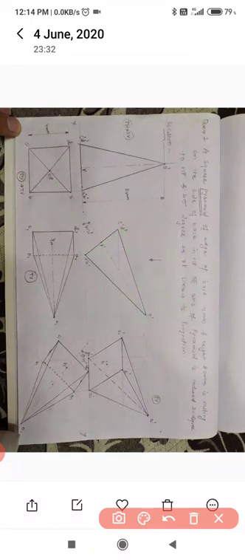But the problem is, these come at the outside, in the surrounding or the outer surface of the figure. That's why you have to draw them with a dark line, and only A dash B dash is the only dotted line you will get from this figure, and the other lines come in the surrounding.